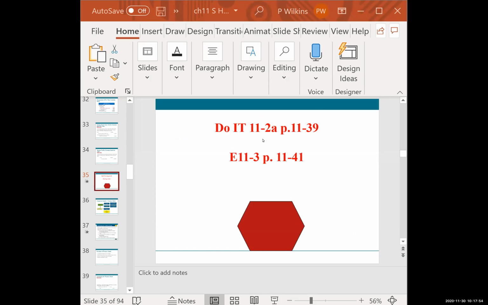Okay, so we're going to do it 11-2A on page 1139. I'm going to stop sharing this, and open up an Excel. I forgot to open up my Excel, so I'm going to do it right now. This is for chapter 11, right? Okay, I'm getting this ready to share.